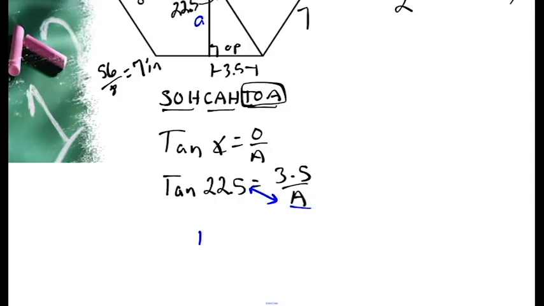That allows us to get our variable by itself on the left-hand side and gets our number and our trig function on the right-hand side. So we have 3.5 divided by the tangent of 22.5. This will allow us to find our apothem.